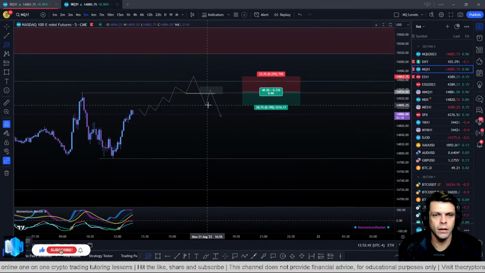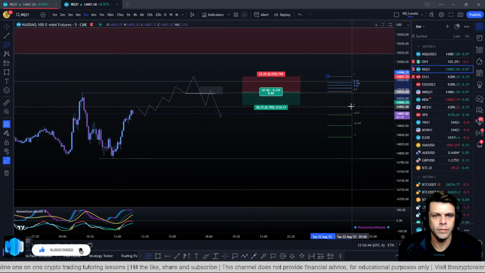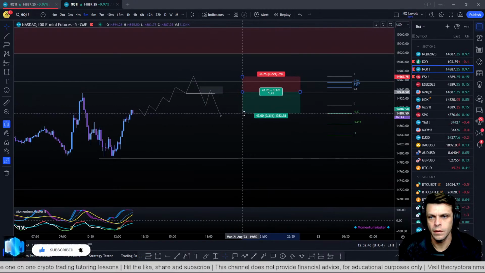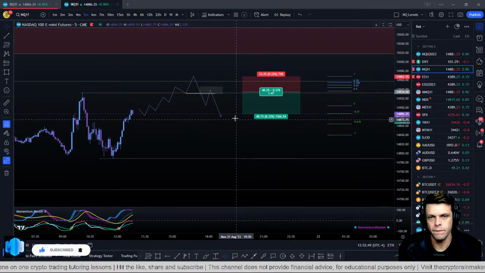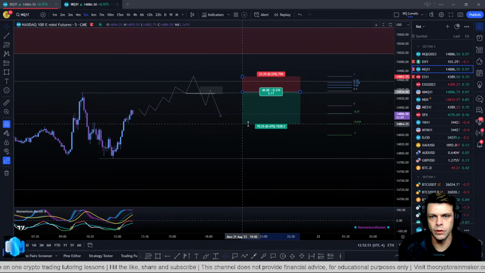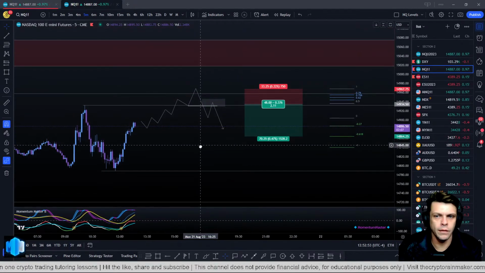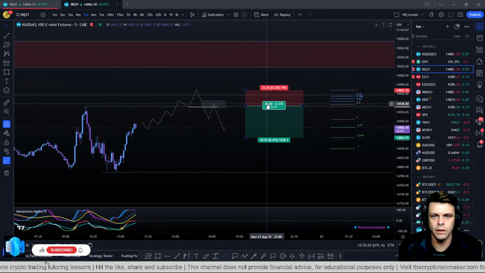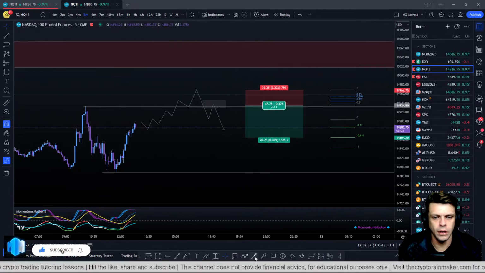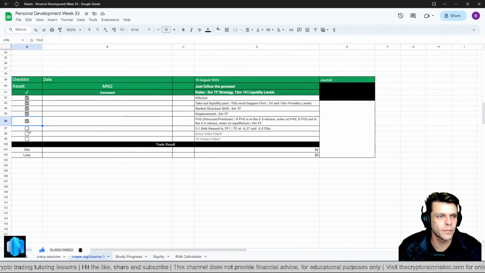So from that high to the low, your first TP will have to be at the -0.618, then you have your 2-to-1. So then that is a valid setup.